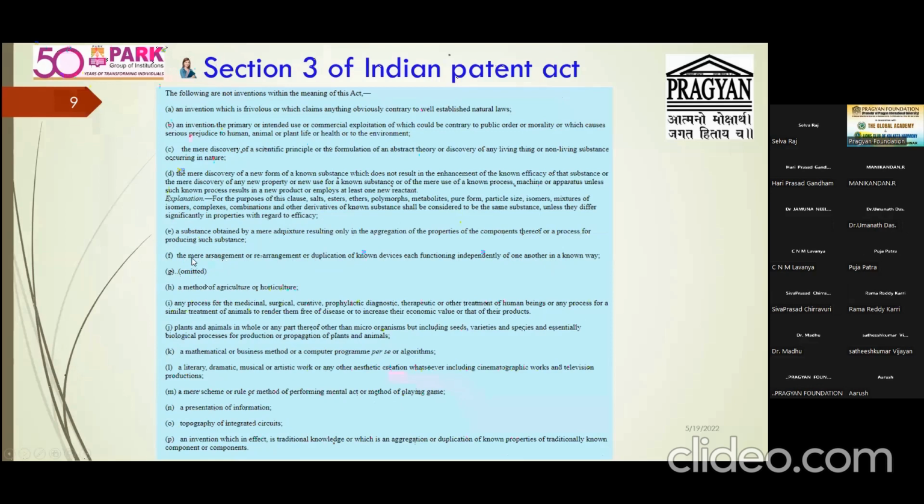I even got this kind of comment from the controller on my invention. Basically, if you find some new devices, those may be modified devices or mere arrangements according to the controller. It may be new to you, but according to the controller, your invention may be a mere arrangement, rearrangement or duplication of known devices.